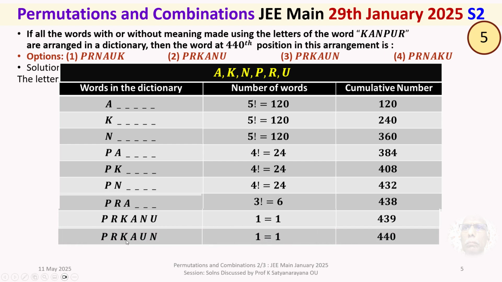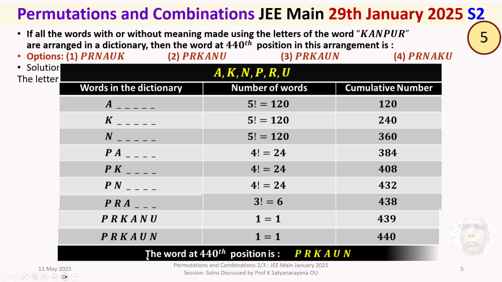And PRKAUN is one word more, 439 plus 1, 440. So that is the word. The word at the 440th position is PRKAUN. It appears against option 3. So the answer to this question is option 3. So that is the detailed discussion of the solution of this problem.